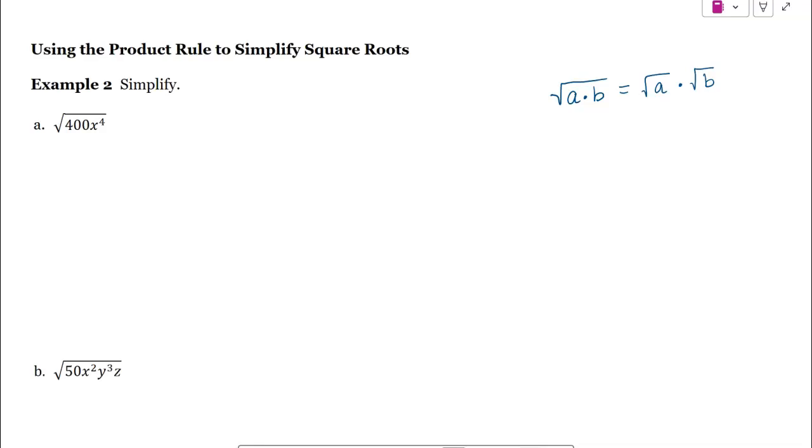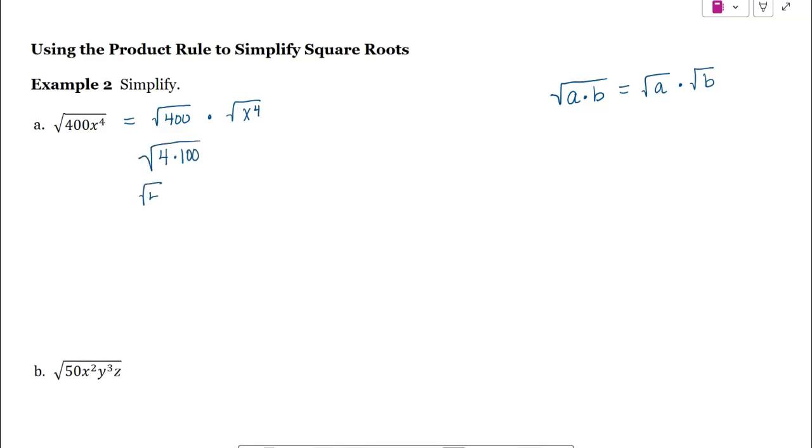For example A here, I'm going to start by maybe just taking the numbers and the variables as two separate square roots. I know that the square root of 400 is 20, but if I wasn't sure, I would think about breaking the number 400 down into any factors that are perfect squares. 400 is the product of 4 and 100.